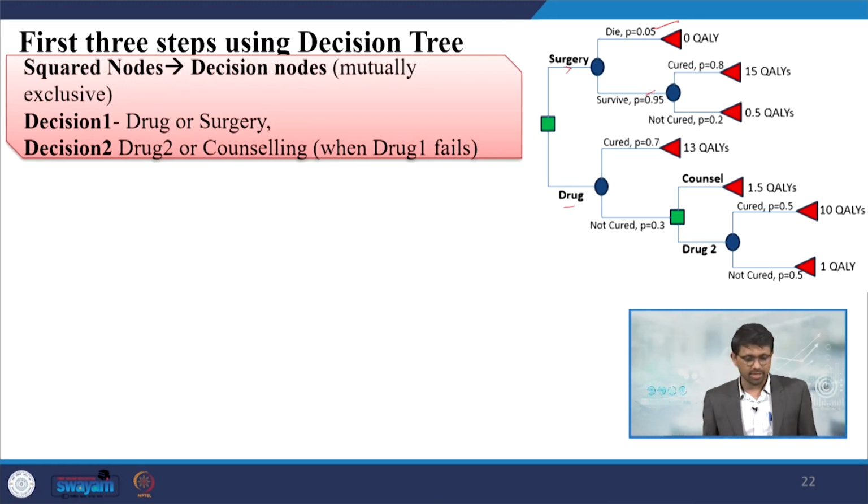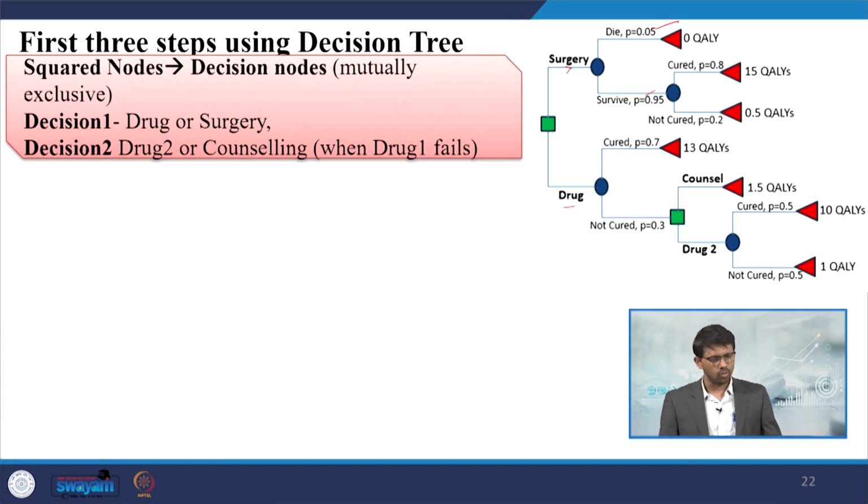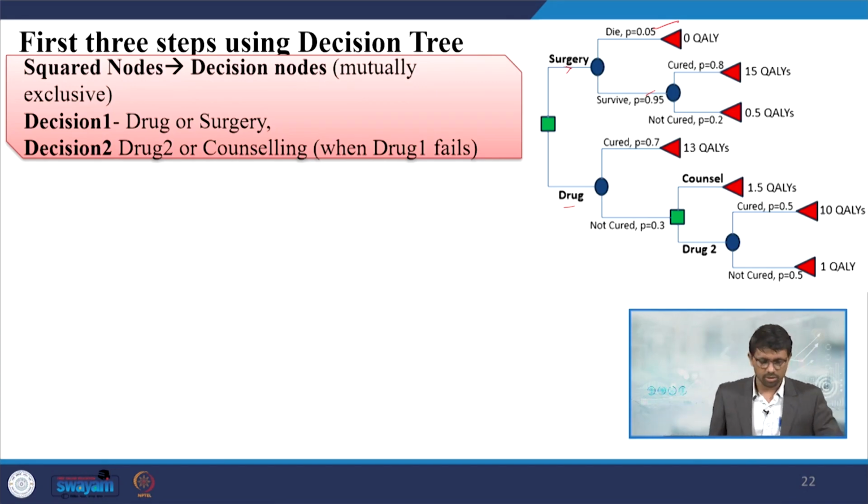Further sequences are followed; these are also called sequential decisions in healthcare. We have mentioned square nodes, which refer to the decision nodes. They are usually mutually exclusive; in decision 1, you see either the person is going for drug or surgery.